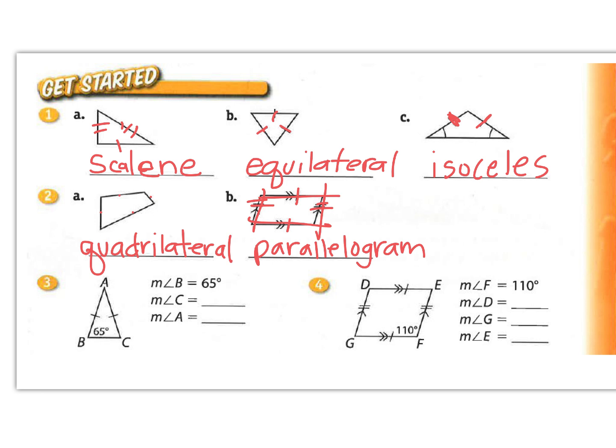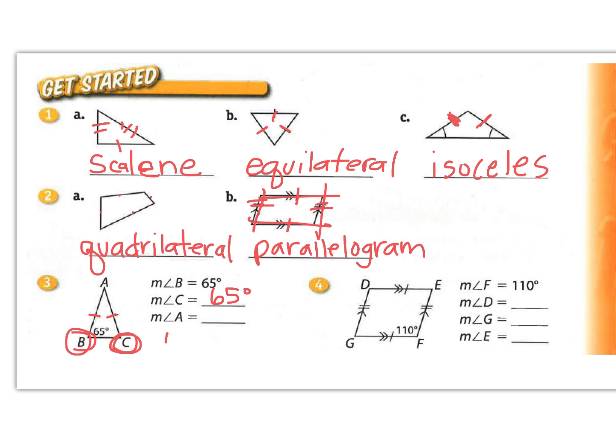All right, so if we have number 3, we have an isosceles triangle because 2 of the sides are the same. If those 2 sides are the same, and we know that angle B is 65 degrees, this angle over here, angle C, is also 65 degrees. Now, every single triangle equals 180 degrees.